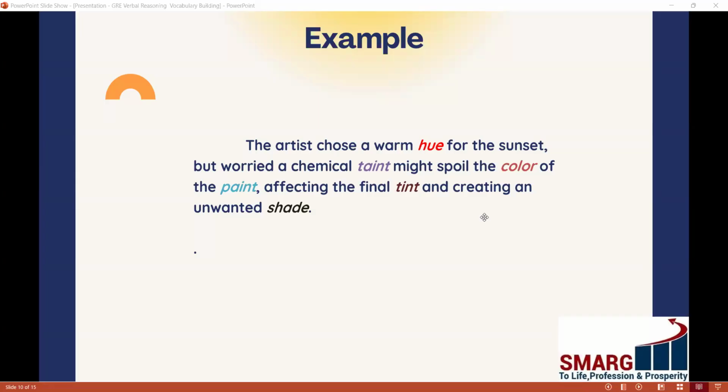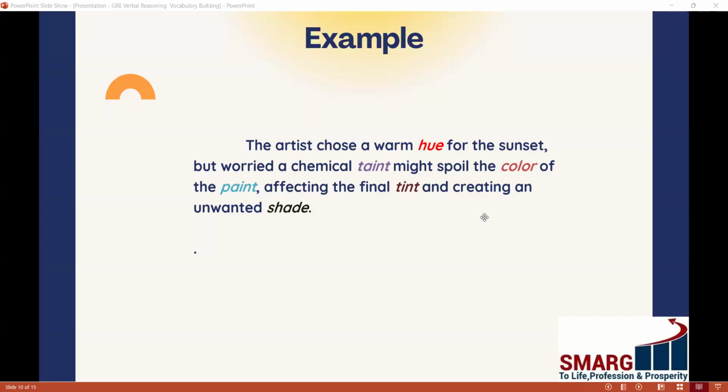So color is a general term. Hue is a very specific tone, that particular shade that I'm talking about. It could be light, dark, whatever, but that particular shade. That's why I give the example of color codes. They are examples of hue. Then I talk about tint. Tint always makes things lighter.